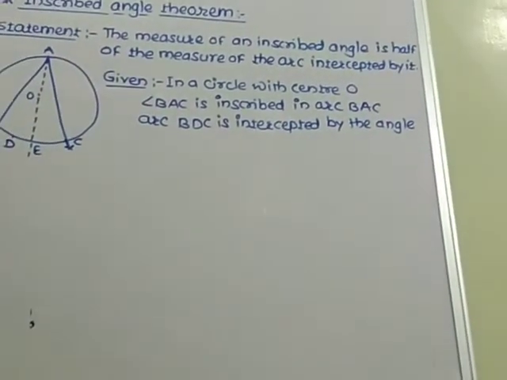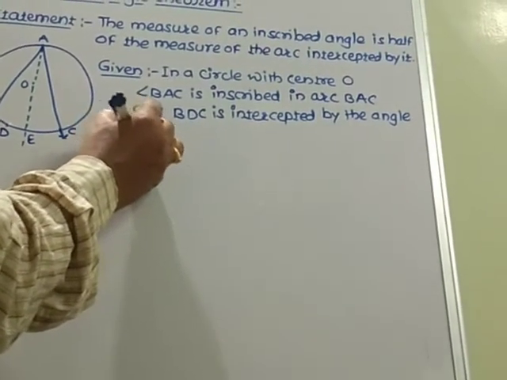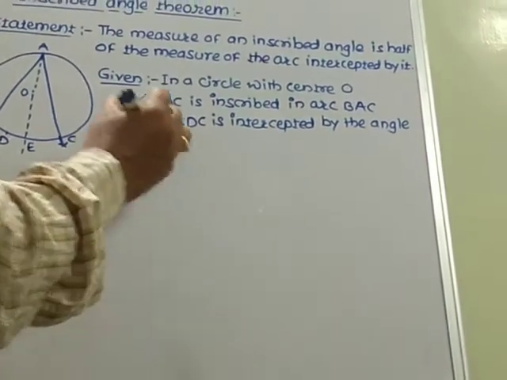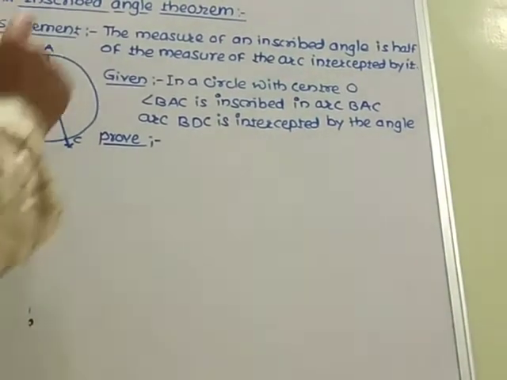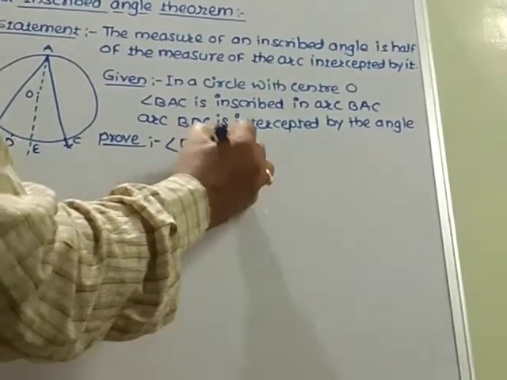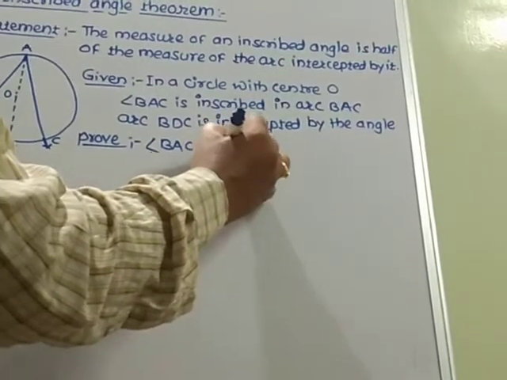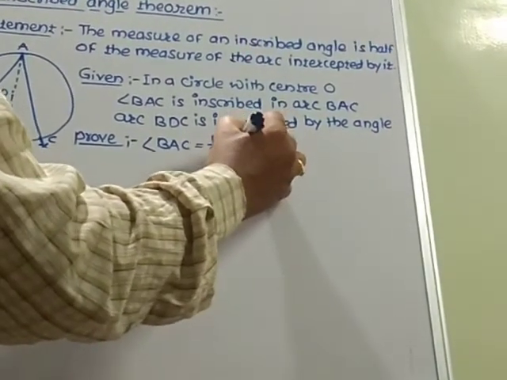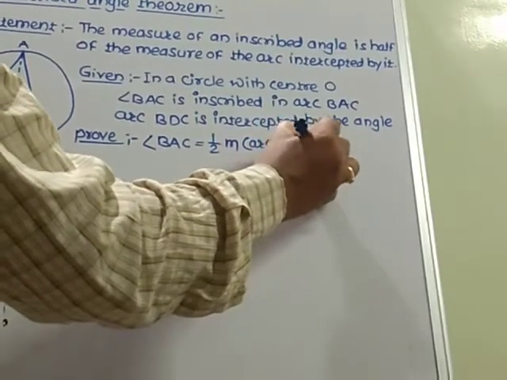Okay, what is to prove? Angle BAC is equal to half of major arc BDC.